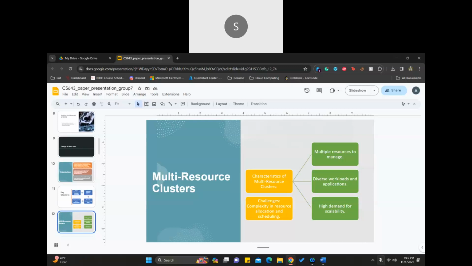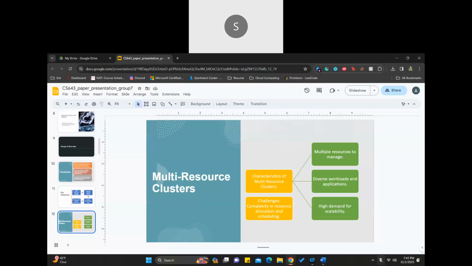Okay, this particular slide is the multi-resource cluster. Here we see the characteristics of the multi-resource cluster: multi-resource to manage diverse workloads and applications, high demand for scalability, and we have some challenges here, which is complexity in resource allocation and scheduling.